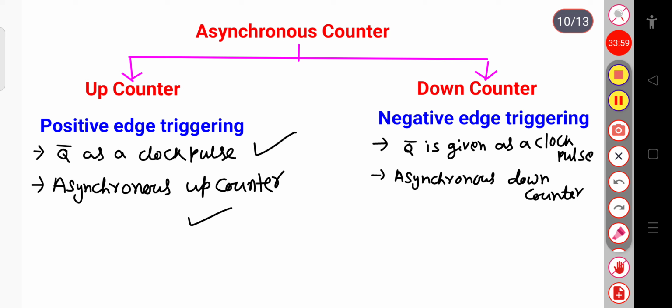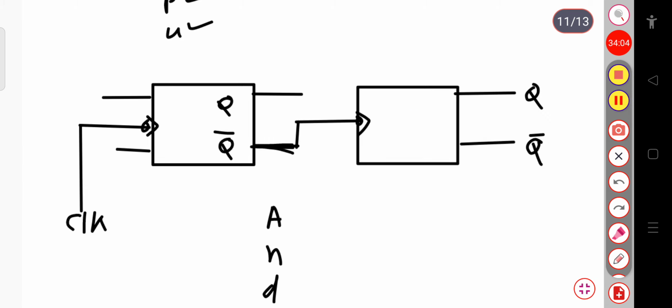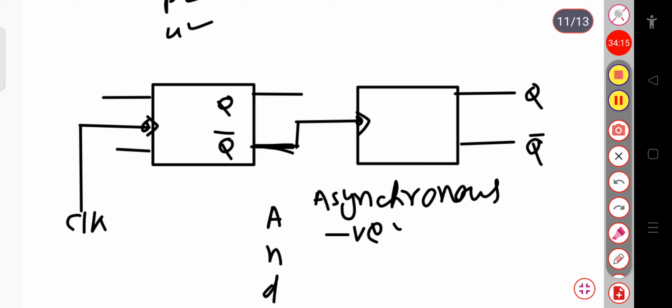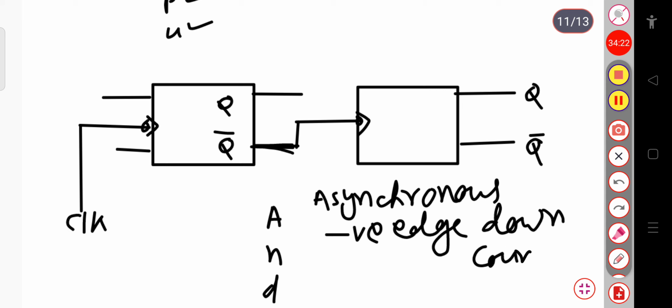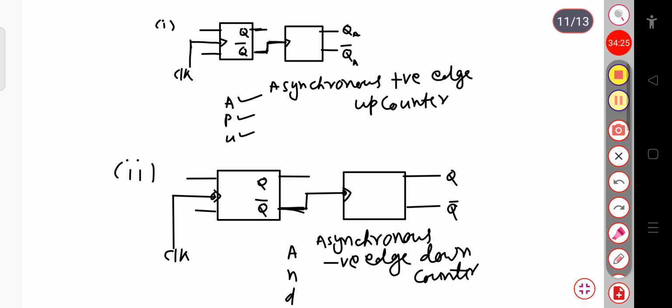So finally what we will get, this is the asynchronous negative edge down counter. Okay, in the exam, in the competitive exam, basically you will find some options like, suppose the first option is given 0 to 1.